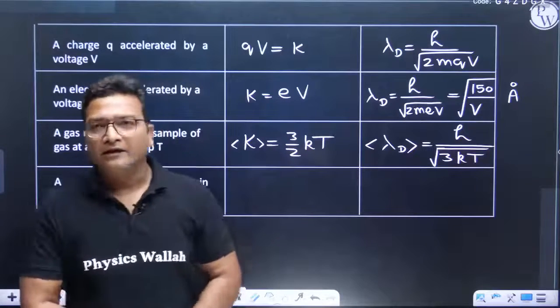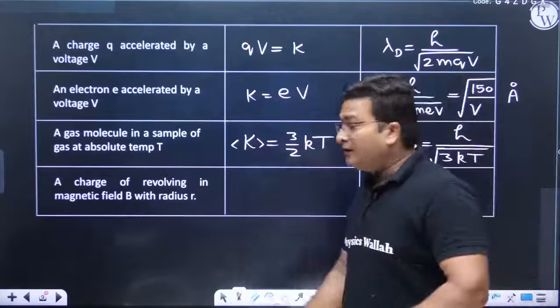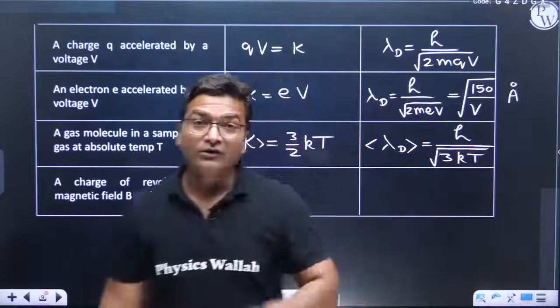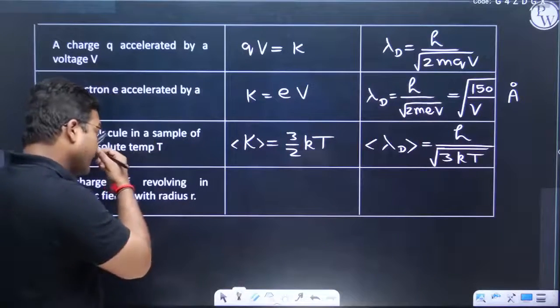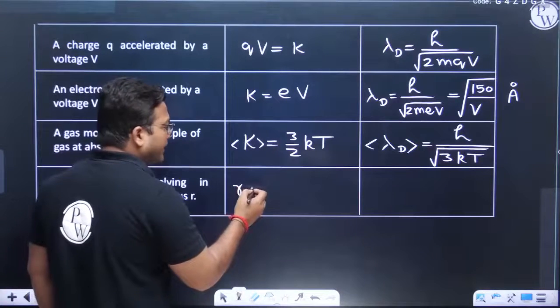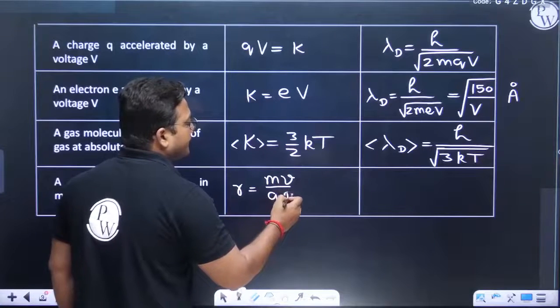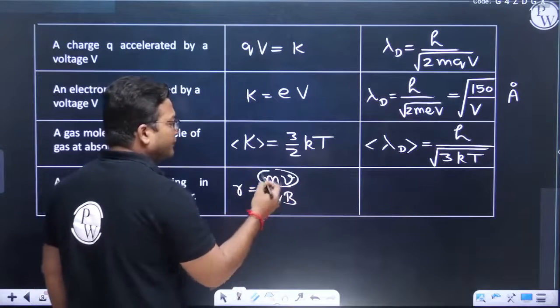Okay, now last. If a charge is revolving in a magnetic field B with radius R, you all know that the radius is given by R equals mv by qB. So the momentum mv becomes r qB.